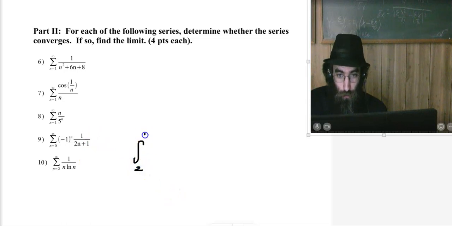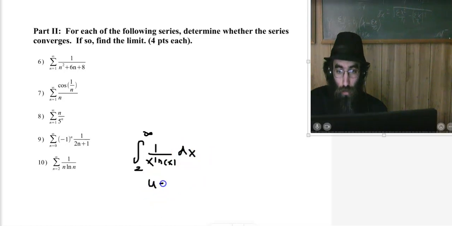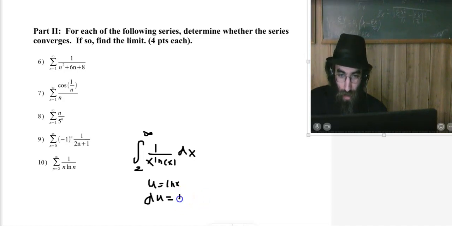Integral from 2 to infinity of 1 over x ln x dx. A little bit of u substitution. Okay, du equals 1 over x dx.